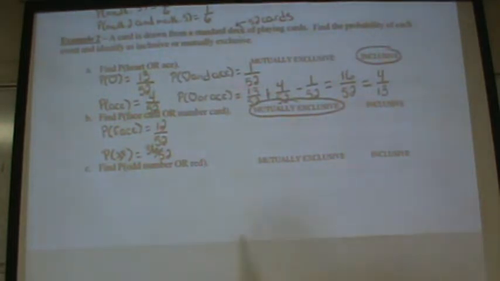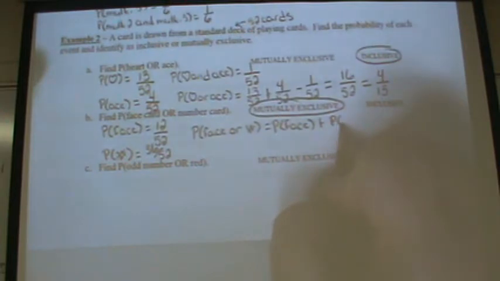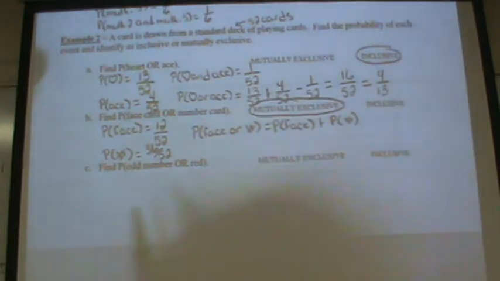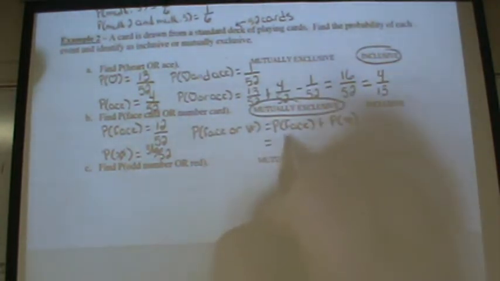And because these two events are mutually exclusive, those are the only 2 probabilities that we need. So the probability of a face card or a number equals the probability of getting a face card plus the probability of getting a number. So we have 12 out of 52, adding the 36 out of 52.